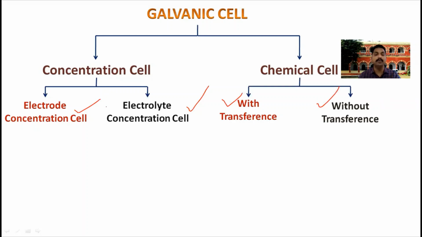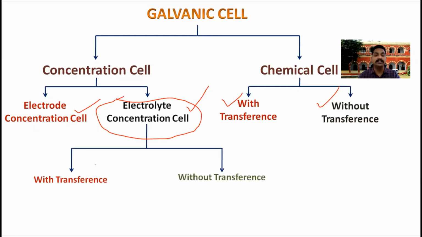Now, when we come to electrolyte concentration cells, here again we have another classification, that is with transference and without transference. When we come to with transference, we have again two types, that is transport number of cation is greater than transport number of anion, whereas another category is transport number of anion is greater than the transport number of cation.